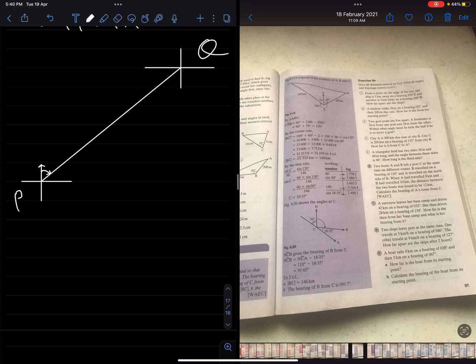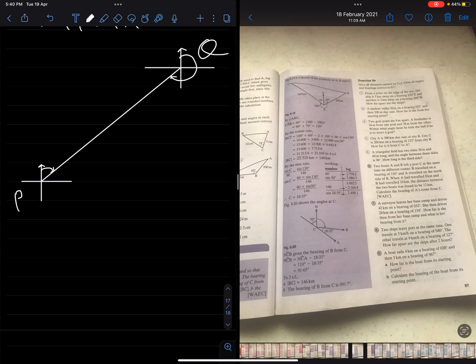The bearing of P from Q, in the same fashion, is the angle from the north pole at Q to the line that joins Q to P. That's very important in solving questions on bearing.